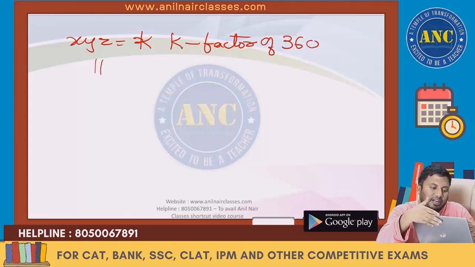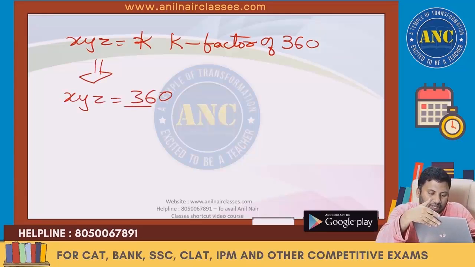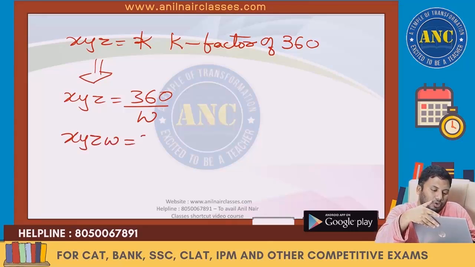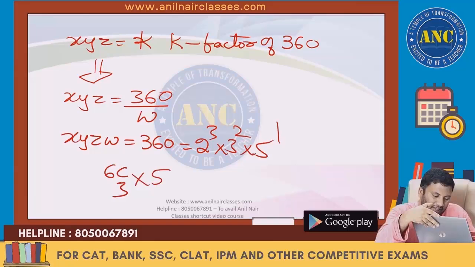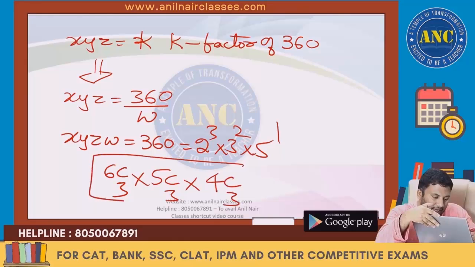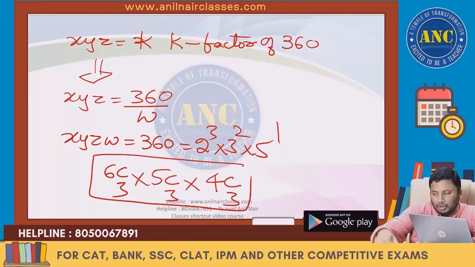So if it is a factor of 360, this is nothing but 360 by W. So x y z w equivalent to 360, which is 2 cube into 3 square into 5 power 1. 3 plus 4, 7. 7 is 6C3. 2 plus 4, 6. 5C3. 1 plus 4, 5. 4C3. Direct answer: 6C3 into 5C3 into 4C3. I hope the idea is clear.